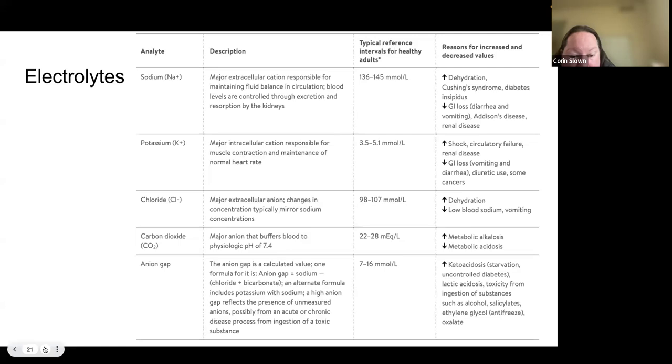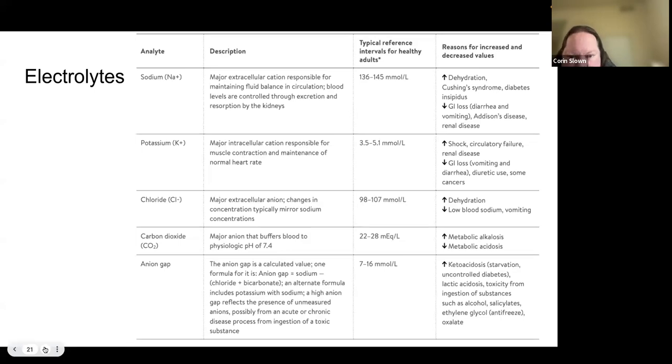So we calculated our anion gap. Our simplified formulation is sodium minus chloride plus bicarbonate. So I want you to think about what that would be in a normal range. So we're going to calculate that value using a number from the ranges that are given here. So take a moment, decide what your number between 136 and 145 will be for sodium.